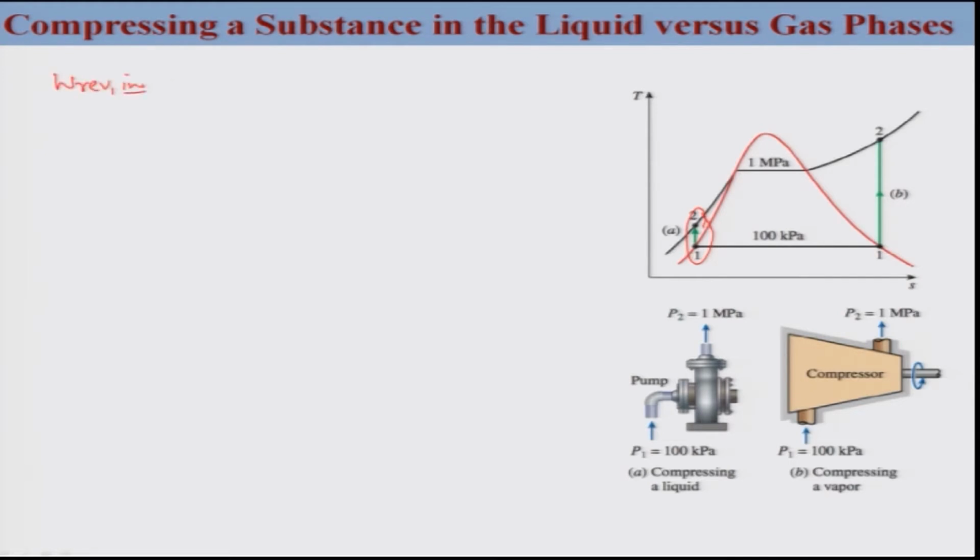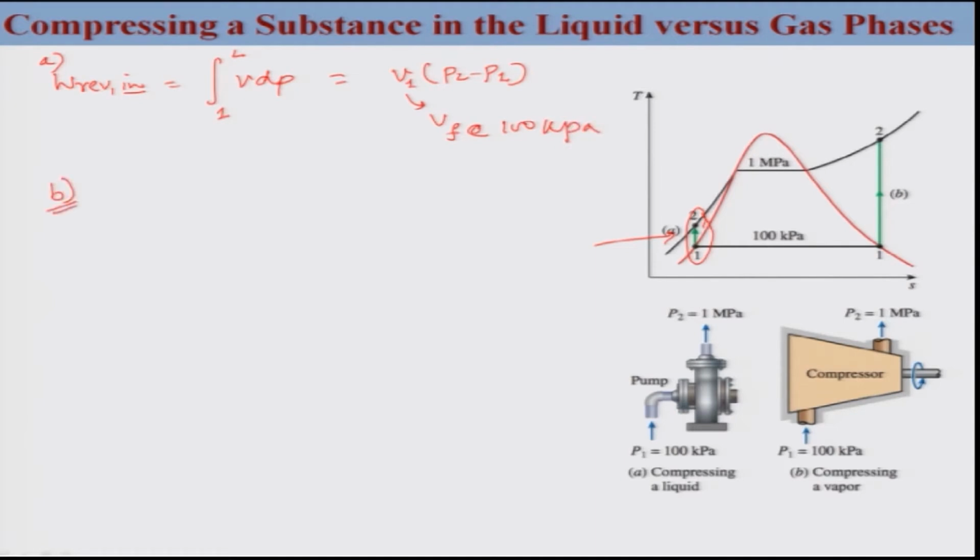Considering the negative, I have already absorbed it by changing the direction from out to in, and thus I can write this expression, the work reversible in, as simply the integral of VdP, which for the incompressible case, that is case A, is simply V times P2 minus P1, and V here is going to be V1, which is going to be Vf, that is fluid, at 100 kilopascal.